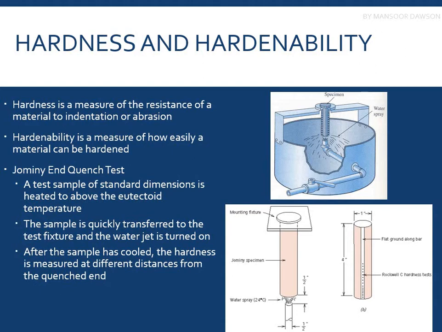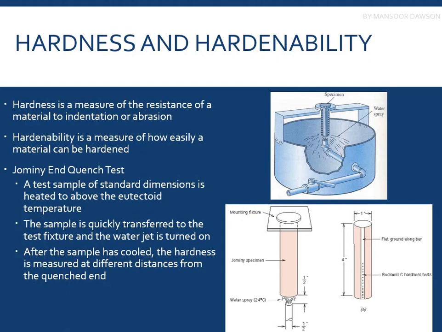So how much your material resists the indents or cracks or abrasion or wear and tear, that is basically hardness. And hardenability is a measure of how easily a material can be hardened, or the ability of a material to be hardened.